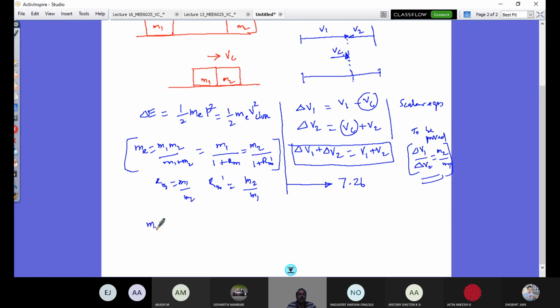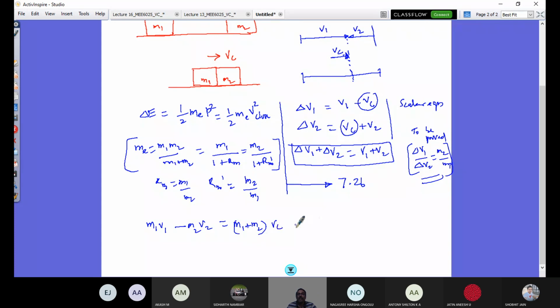I'm writing a scalar equation, with V1 to the right positive. So M1 V1 minus M2 V2 is the total momentum before collision. After collision, they embed together and go, because e is equal to 0, so M1 plus M2 with the common velocity Vc.